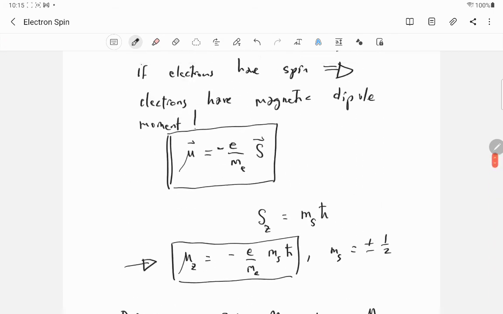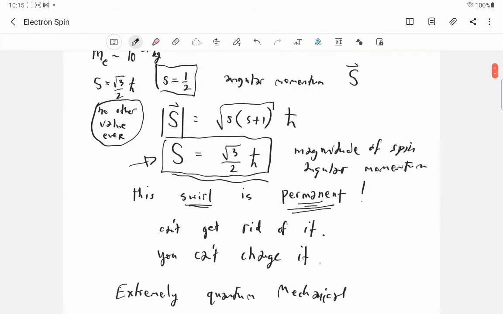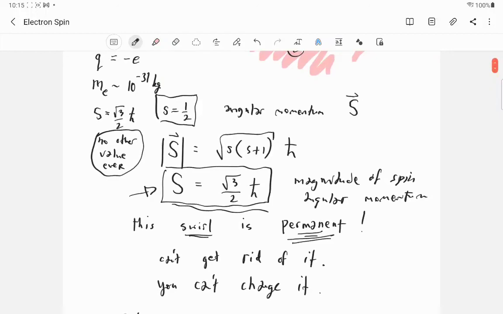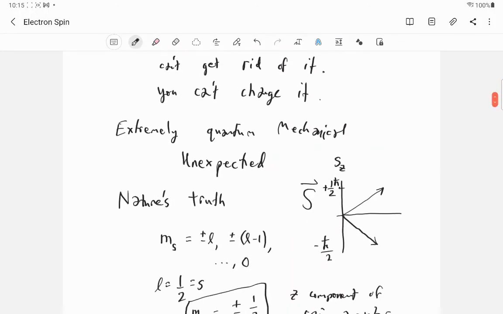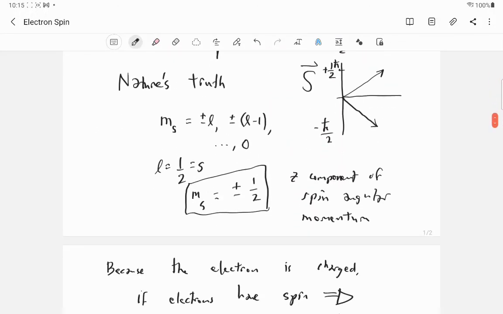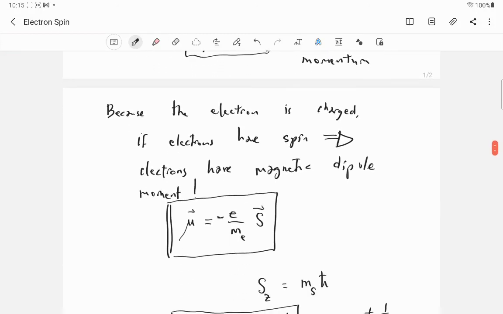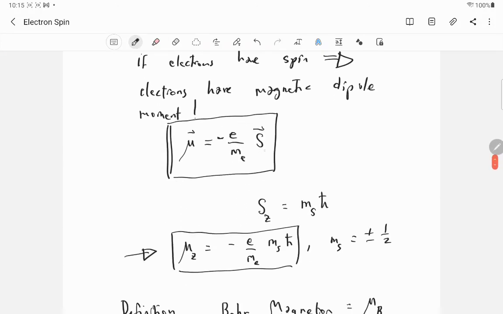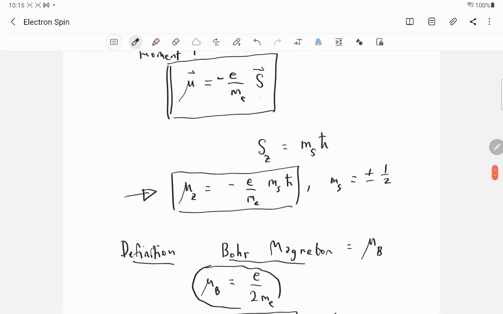So far, honestly, I've just claimed that there is this thing called electron spin, and then defined some things around it, and then said if there is an electron spin, then that means that the electron is a magnet. And because of the space quantization of electron spin, you have a quantization of the magnetic dipole moment's orientation and size.